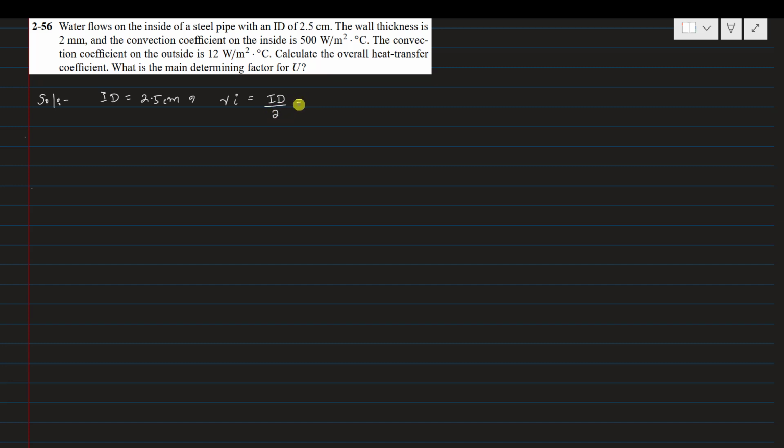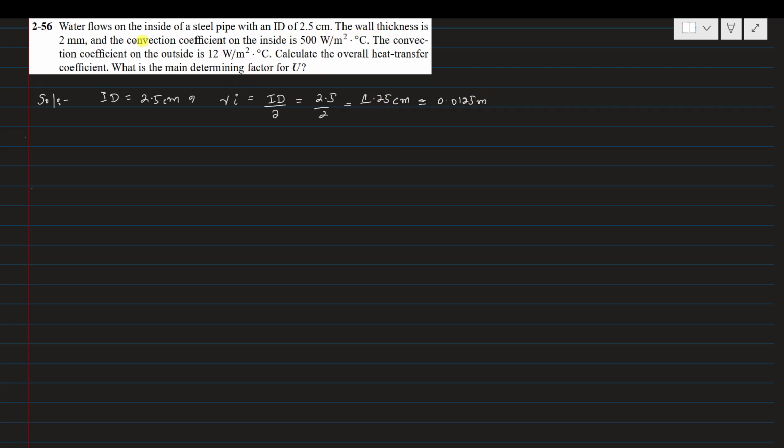Half of the inner diameter will give you the inner radius, that is 2.5 divided by 2, so you will get 1.25 centimeters. To convert into meters, divide this by 100, so you will get 0.0125 meter.